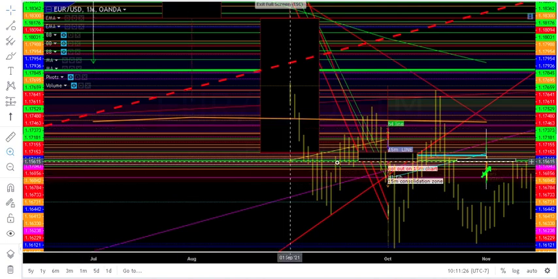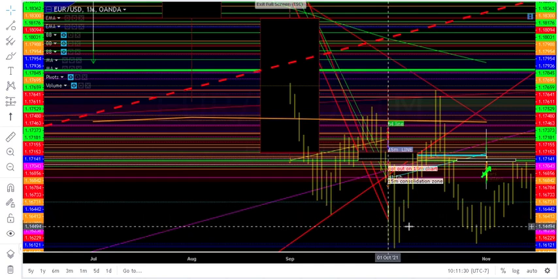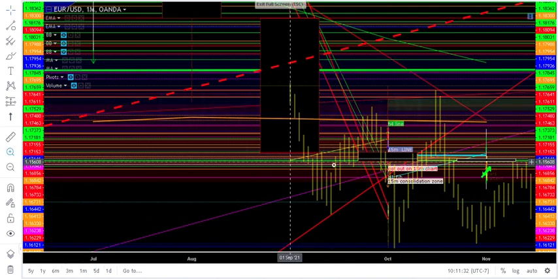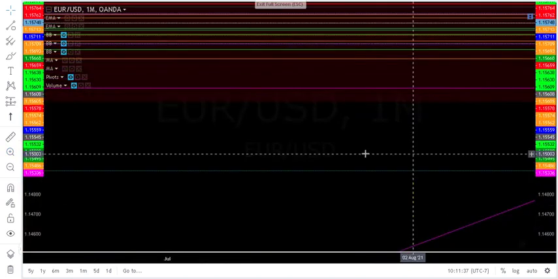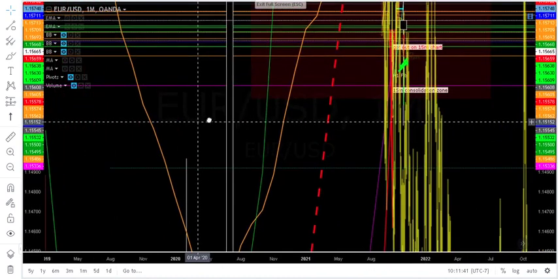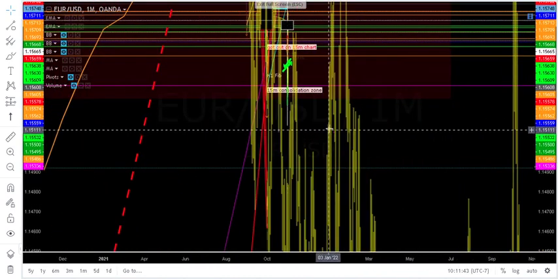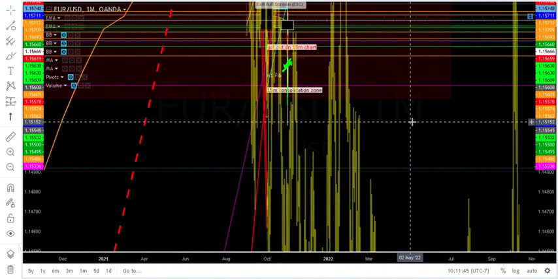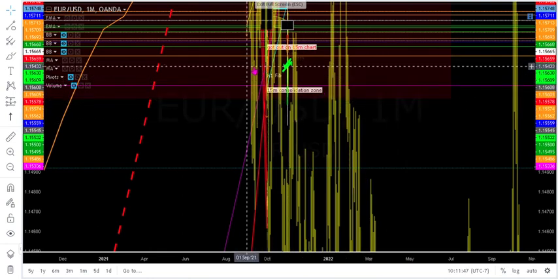Let me microscope zoom in. Okay, that's cool. It's in a decent area.